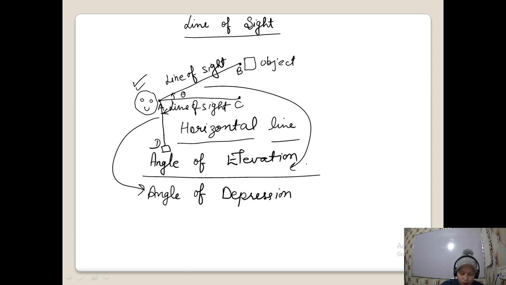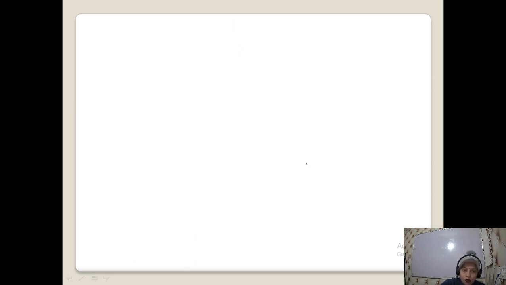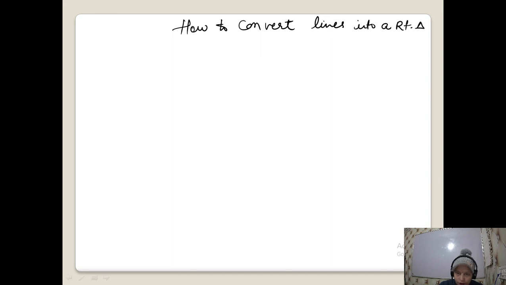Now the next point is how to convert these lines into a right angle triangle. When the observer looks at an object from his eye upward, this is the object and this is the eye.